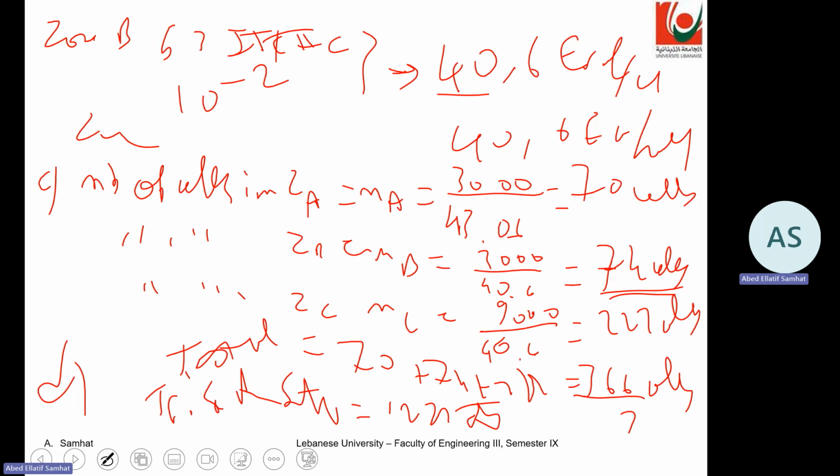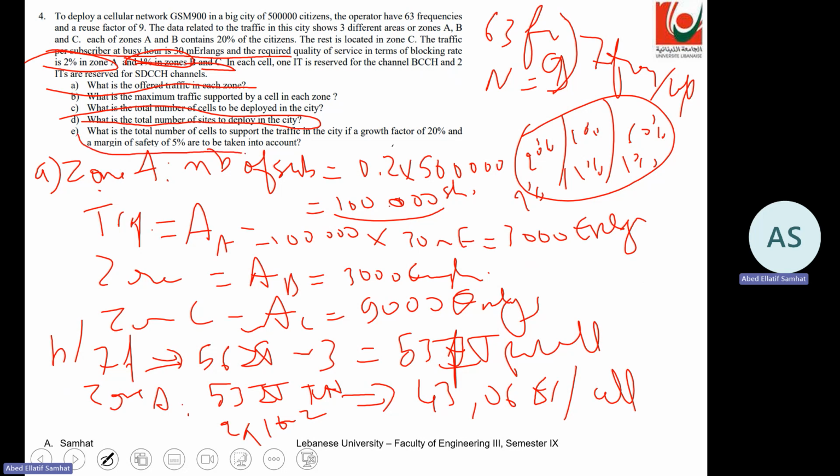And the last question is, what's the total number of cells to support the traffic in the city if a growth factor of 20% and a safety margin of 5% are to be taken into account? Maybe you can do it by yourself.